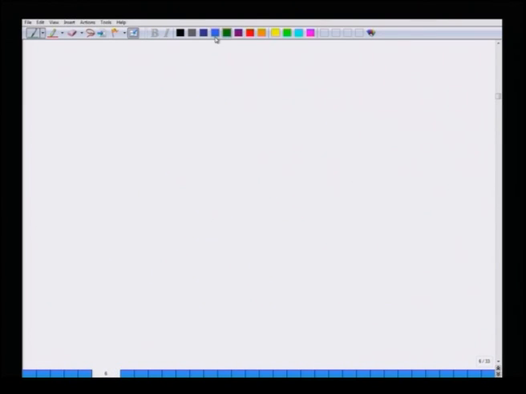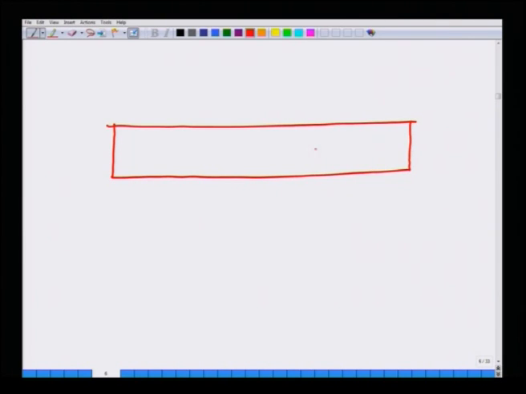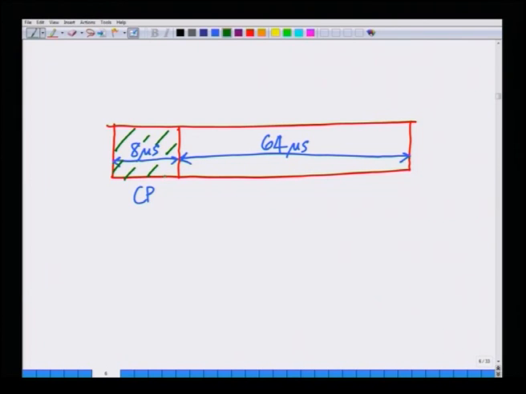What this says is, I have an OFDM symbol in which there is 64 microseconds of actual symbol, and there is 8 microseconds of cyclic prefix.